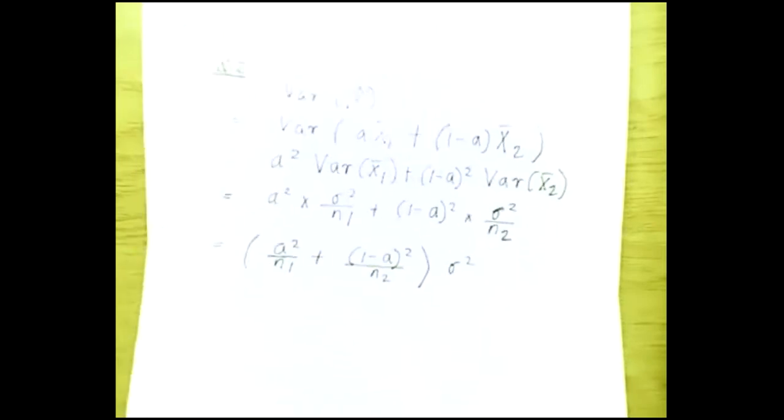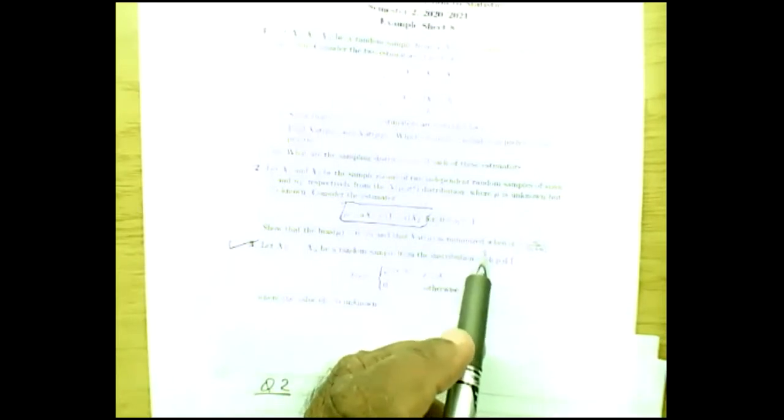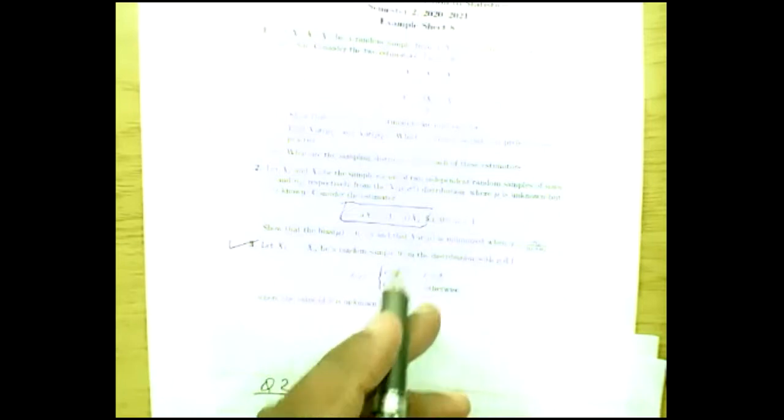Now the question is, you should return to the question. It's asking you to find the value for A. I don't know if you can read this clearly, but if you look at your laptop, you'll be able to see better. That is to find the value for A for which the variance is the minimum.